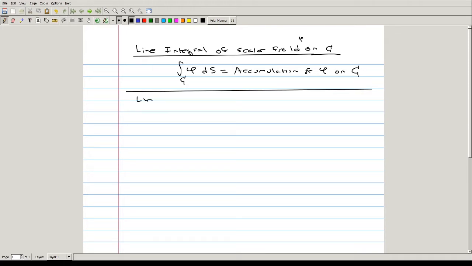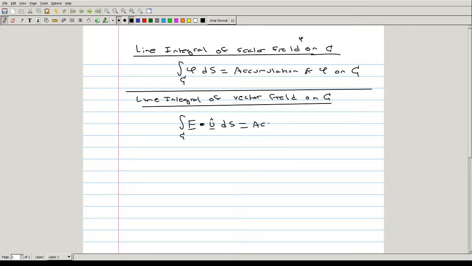And the line integral of a vector field on a curve C was defined as the integral of the dot product of f with some unit vector u hat along the curve, integrated with respect to arc length.